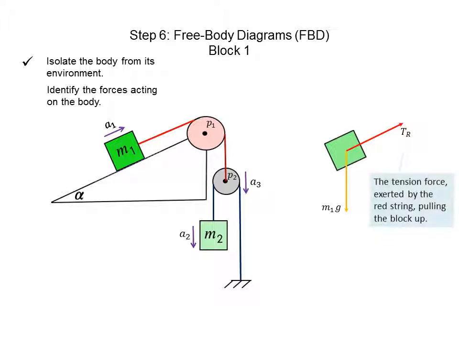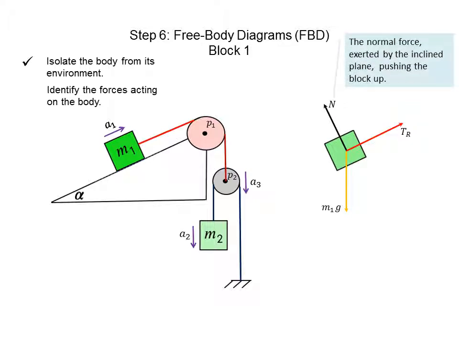The tension force exerted by the red string pulling the block up. The normal force exerted by the inclined plane pushing the block up.